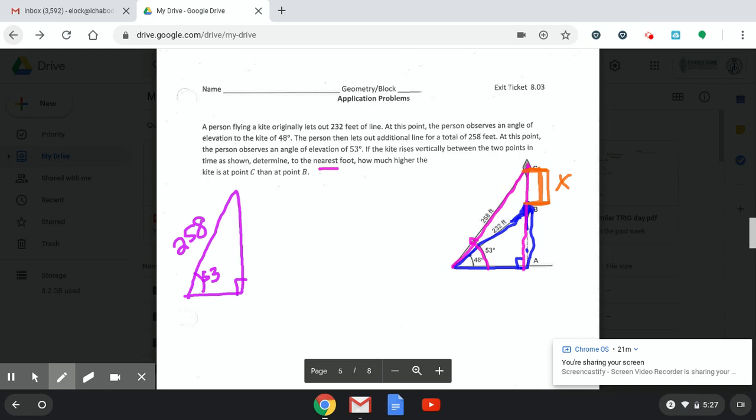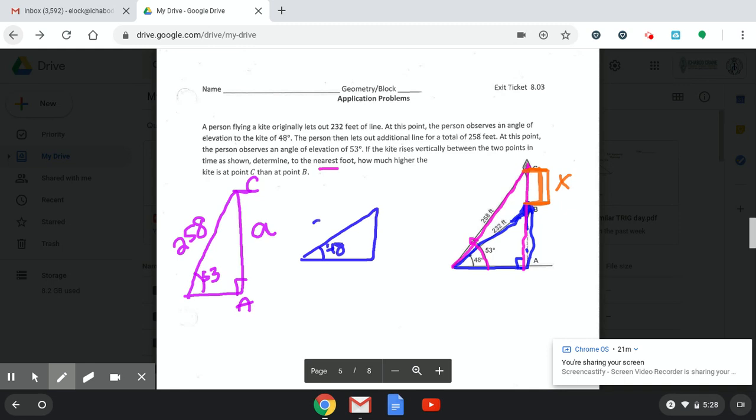The whole height from C way down to that A that's marked in the first diagram, I'm going to call that part A here. When we redraw the second triangle, the shorter triangle had an angle of elevation of 48 degrees.